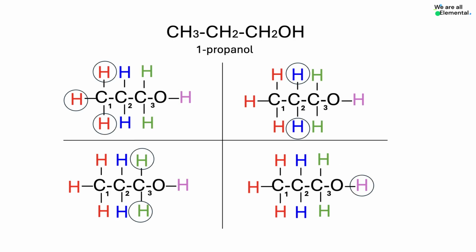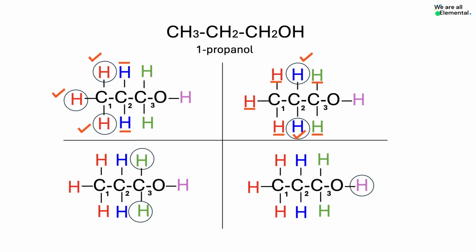But for a molecule like 1-propanol, the protons on carbon 1 have 2 neighboring protons on carbon 2, while the protons on carbon 2 have 3 neighboring protons on one side, which belong to carbon 1, and 2 on the other side, which are attached to carbon 3.